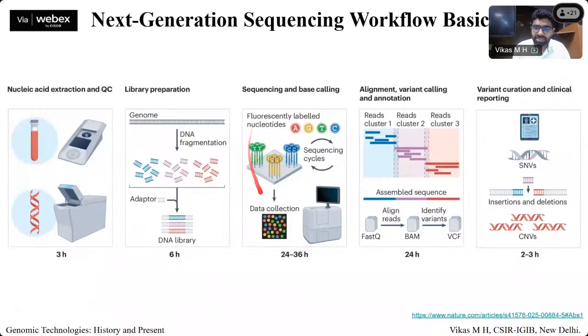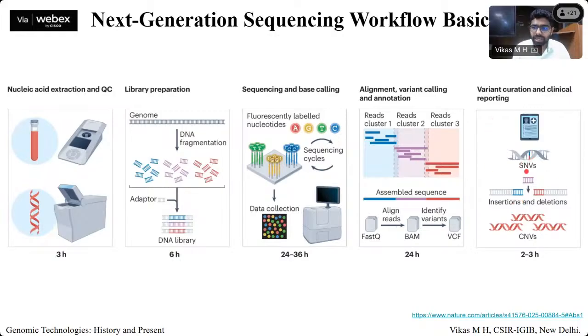So they are put in the sequencing machine, and once the sequencing begins, the base calling is done. This base calling will give you a lot of reads. These reads are later either aligned to a reference sequence, or de novo assembled. This assembled sequence you can use for aligning and identifying variants.